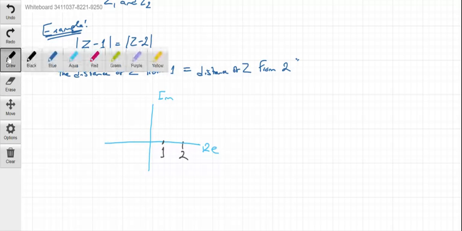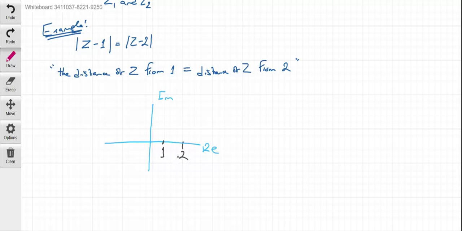Based on this equation, I ask you to think of one possible position of our missing complex number z. If you think about it, z has to be somewhere where its distance from this point is equal to its distance from the number 2.